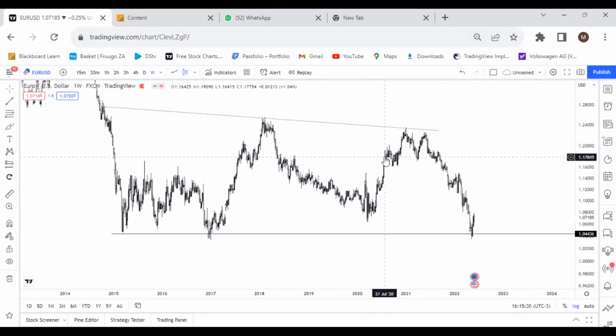Okay, let me just remove those. And you need to check how the price got to your third touch.